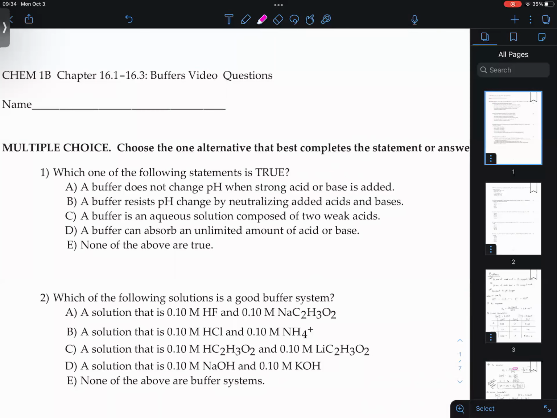Which of the following statements about buffers is true?